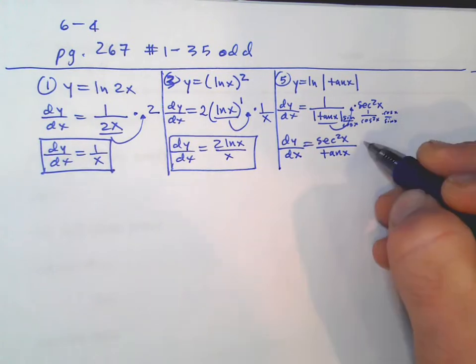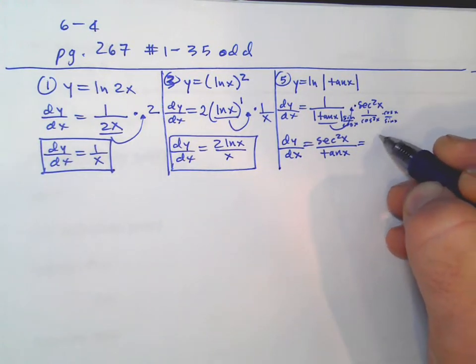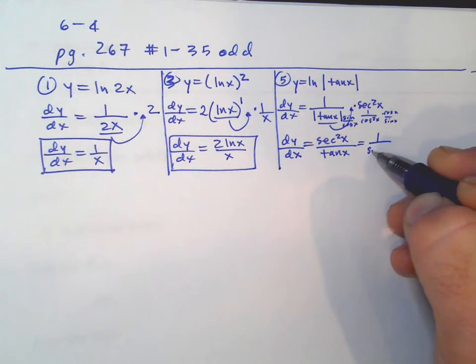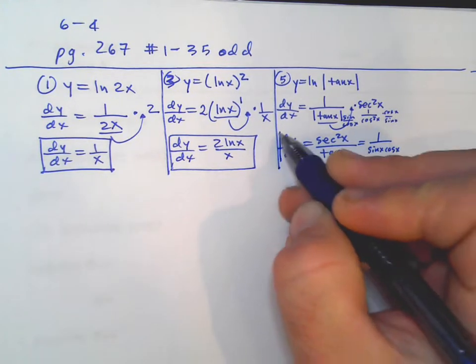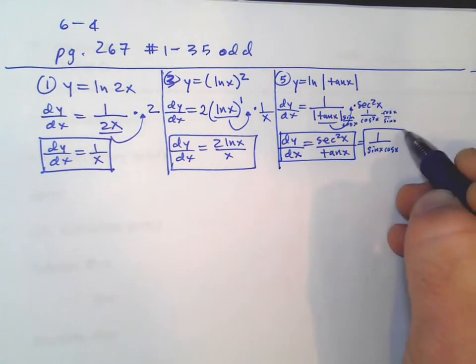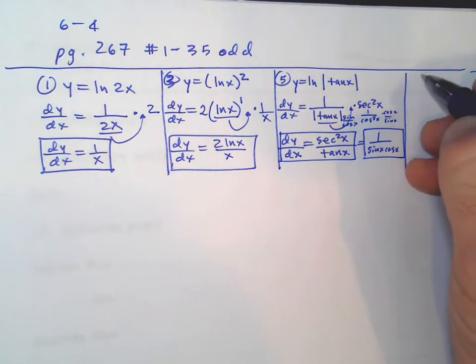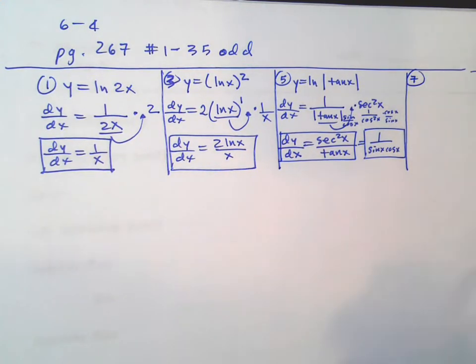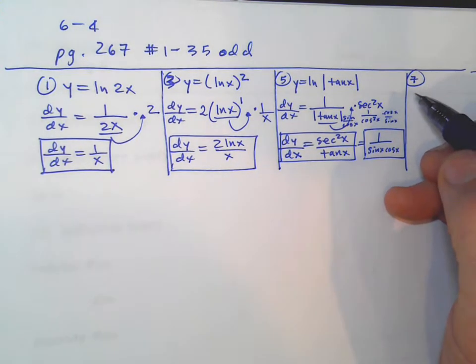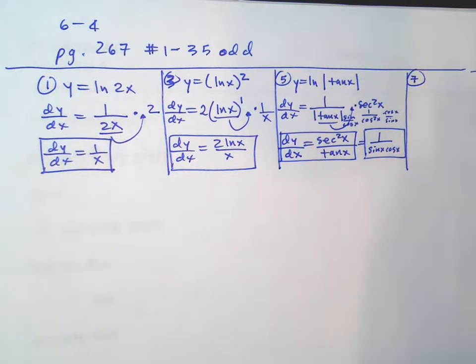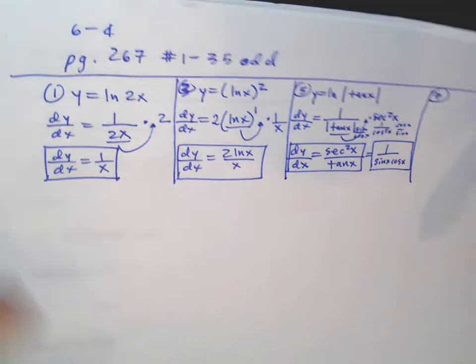So I guess we could write this as 1 over sine x cosine x. I mean, you could try and clean it up, but I was just trying to see if I could. Yeah, I'll talk about the absolute value thing in the future at another time. We will bring it up.